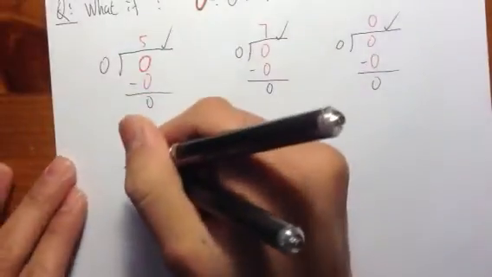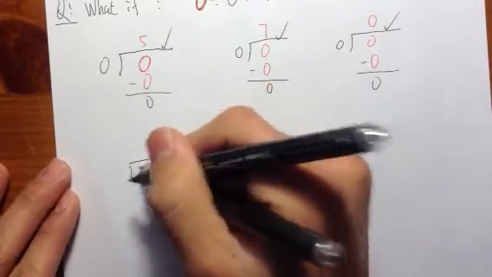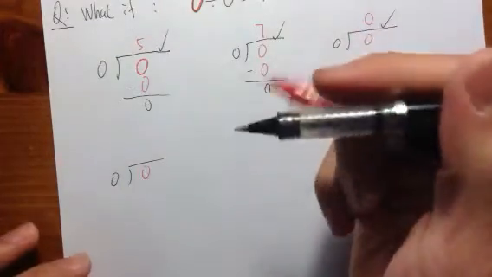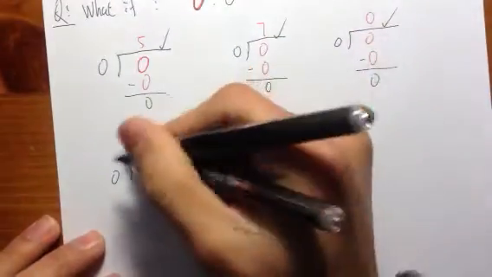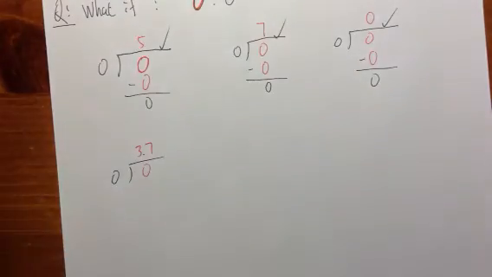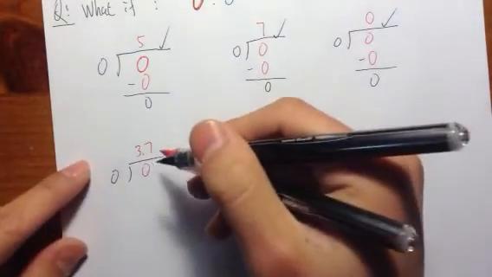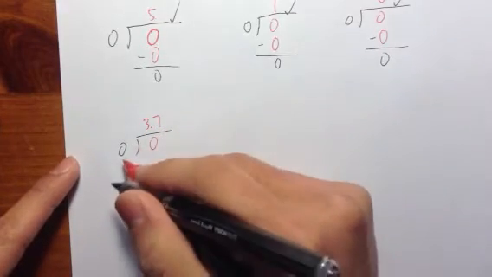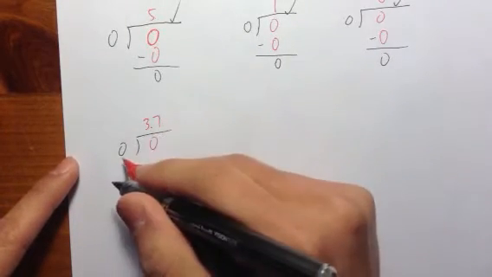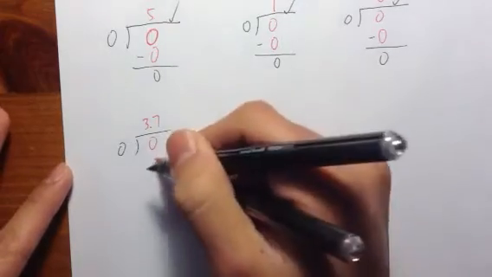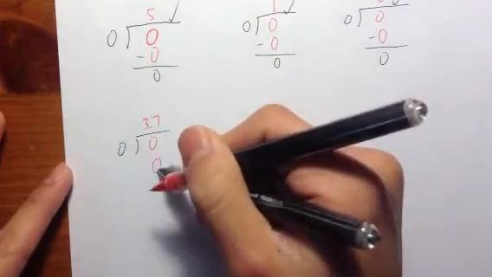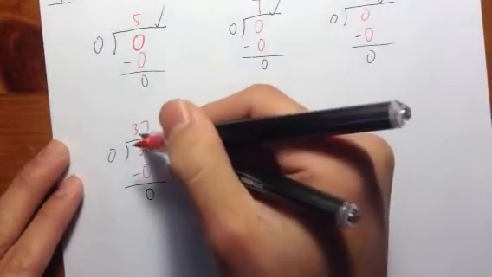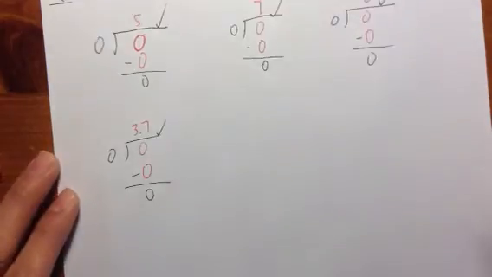There are other cases. If you have a 0 inside, 0 outside, let's just be creative. Let's put, I don't know, 3.7. Can this work? Ask yourself, 3.7 times 0 is what? It's also equal to 0. This 0 minus that 0 gives you a remainder of 0. So 3.7 is also an answer.